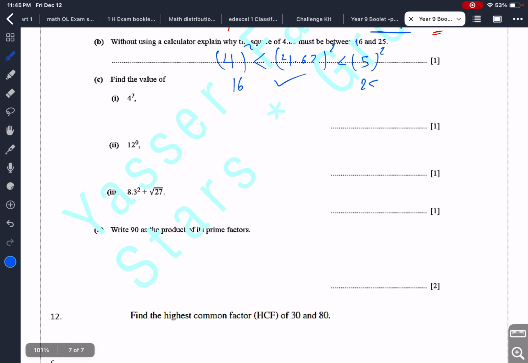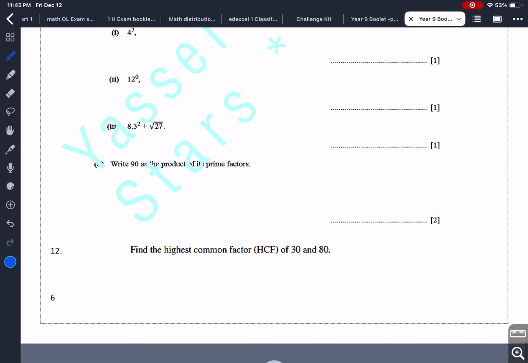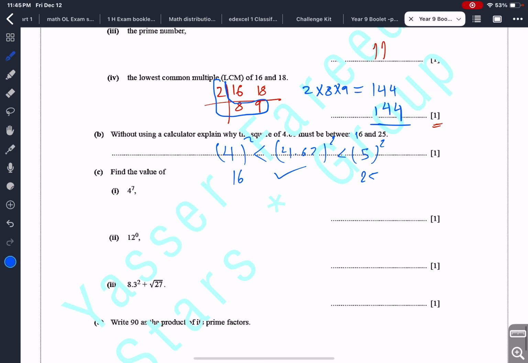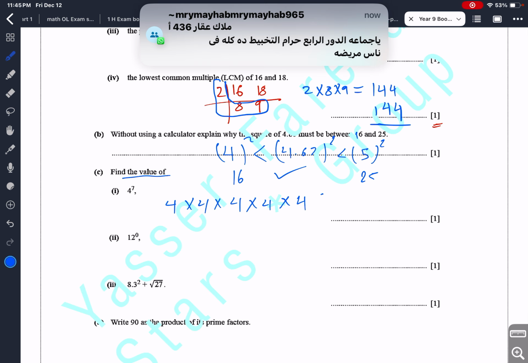Okay, all the rest of the questions are easy like this. So we're going to see 4 raised to the power 7, find the value. It means 4 multiplied by itself 7 times: 1, 2, 3, 4, 5, 6, and 7.